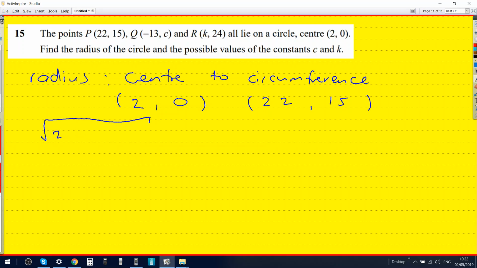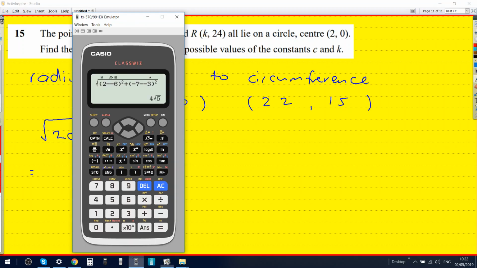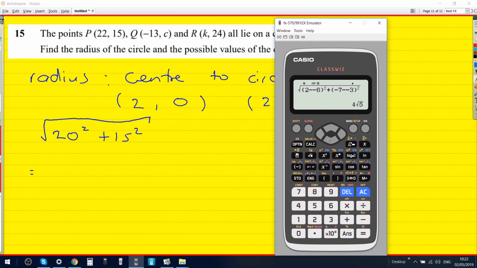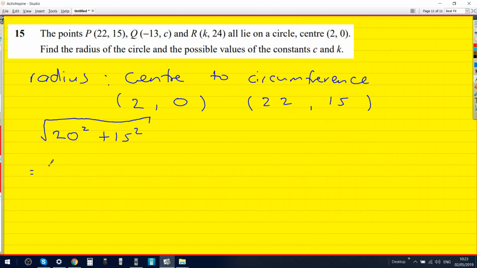Difference. Might be a triple. There you go. Radius is 25. Nice. I believe.